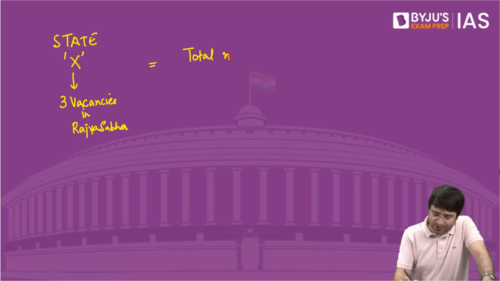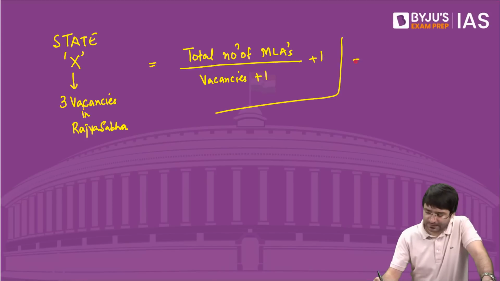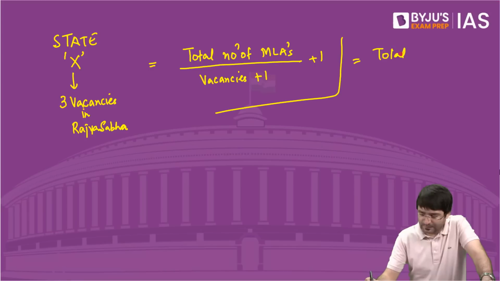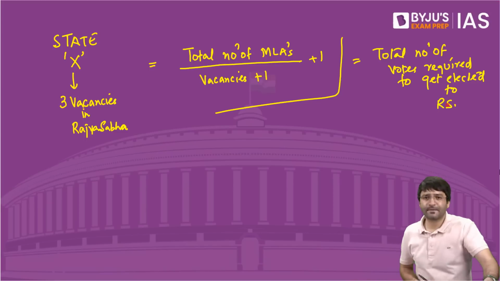Let's say total number of MLAs divided by vacancies +1, +1. This is the total number of votes required to get elected to Rajya Sabha. How?